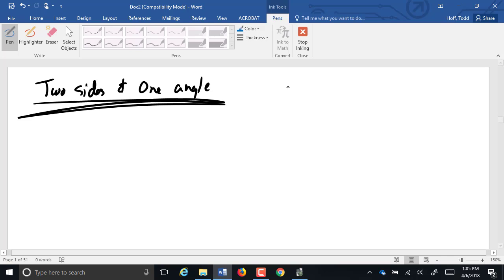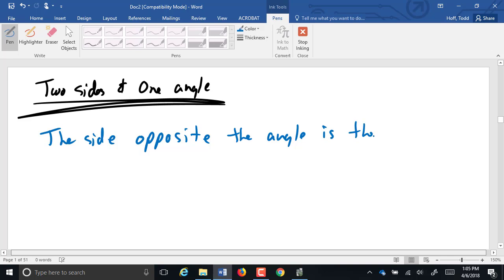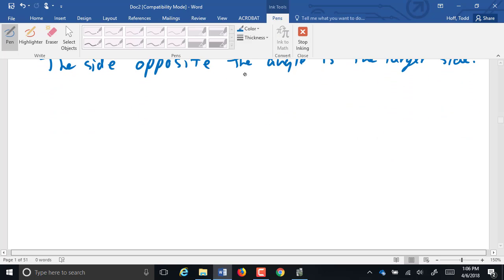The first case is the easy case. The side opposite the angle is the larger side. What do I mean by that? Well, let me give you some numbers here. I'm just going to list it this way.